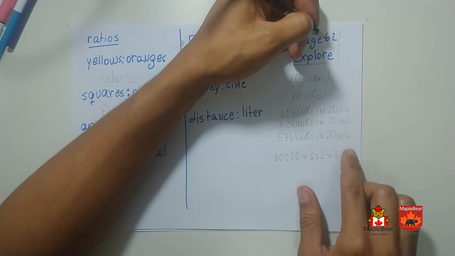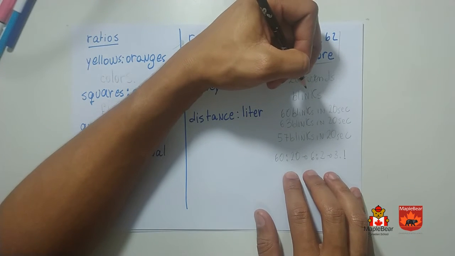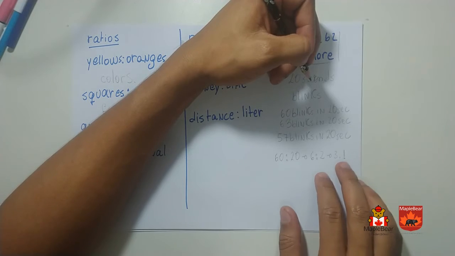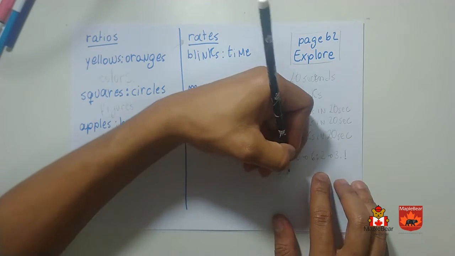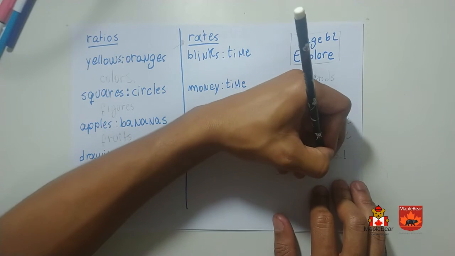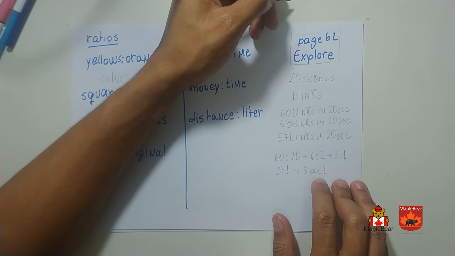So here, when I'm comparing two different units, I think that there is a special way to write that, okay? So in the same way that I can write 3 to 1, I can say that I will do 3 blinks per 1 second, okay? That works. Yes, that works.